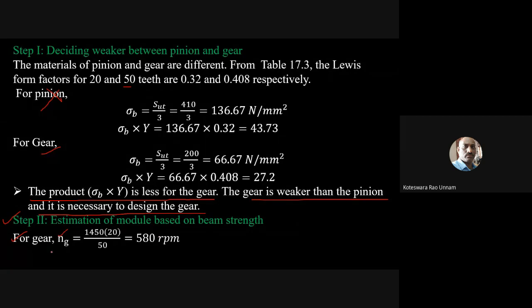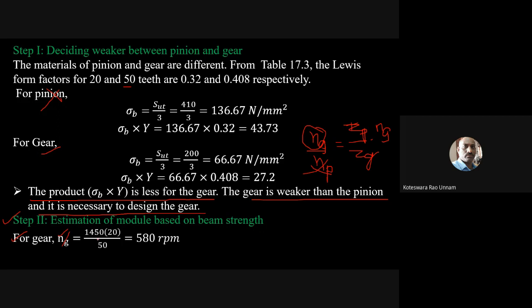The formula is: speed is inversely proportional to the number of teeth. So Ng by Np is nothing but Zp by Zg, number of teeth on pinion divided by number of teeth on gear. Using this relation, to calculate the speed of the gear, Zp by Zg into Np is going to be your speed of the gear.